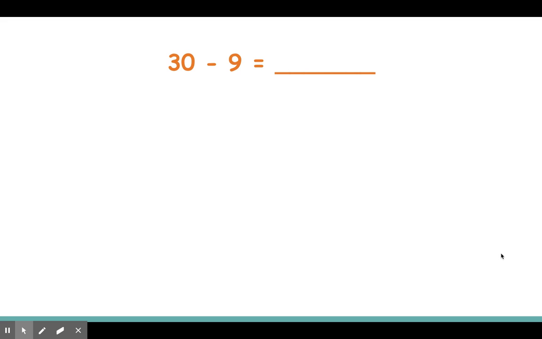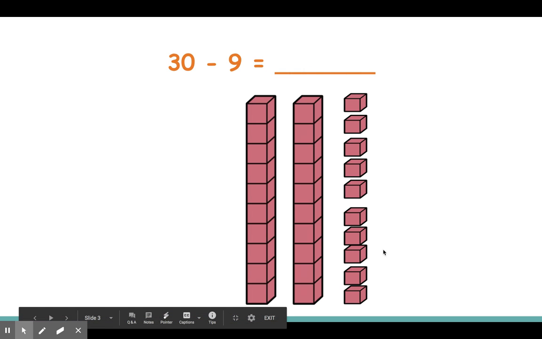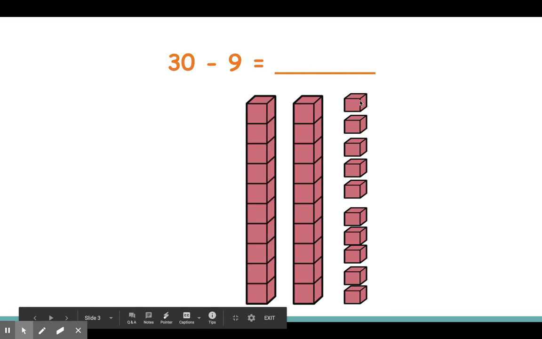Here we have 30 subtract 9 equals. Let's start by representing 30 using our place value cubes. 10, 20, 30. Now you'll notice the last 10 stick we have broken apart into its individual ones pieces. We have a group of 5 here and a group of 5 here, but together it still equals 10. It has the same value as a 10 stick, it's just broken into individual ones pieces, okay?